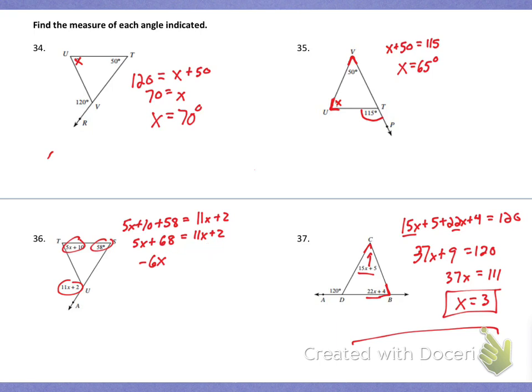I know that I have negative 6x, and then I'm going to subtract 68 from each side, so 2 minus 68 is going to be equal to negative 66. Divide that by negative 6, and I still get x is equal to 11. So that's what I got.